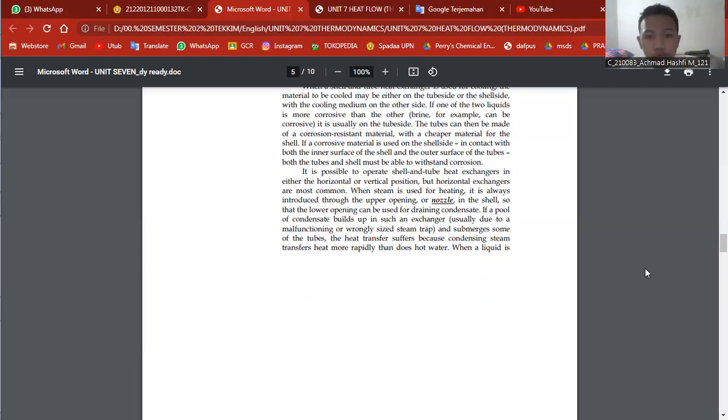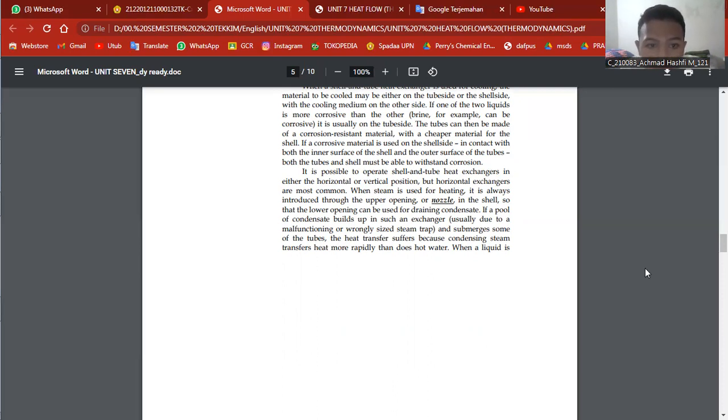It's possible to operate a shell and tube heat exchanger in either the horizontal or vertical position, but horizontal exchangers are most common. When steam is used for heating, it's always introduced through the upper opening or nozzle in the shell, so that the lower opening can be used for draining condensate.